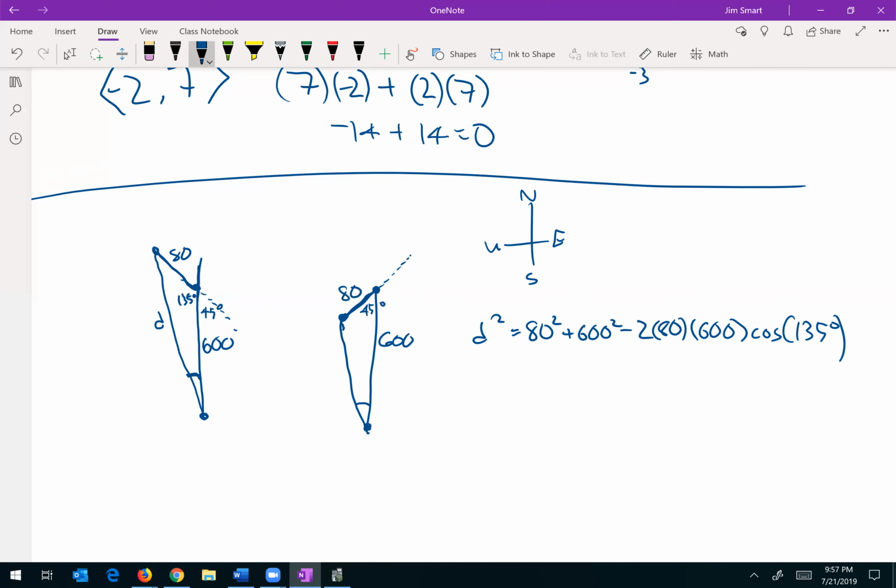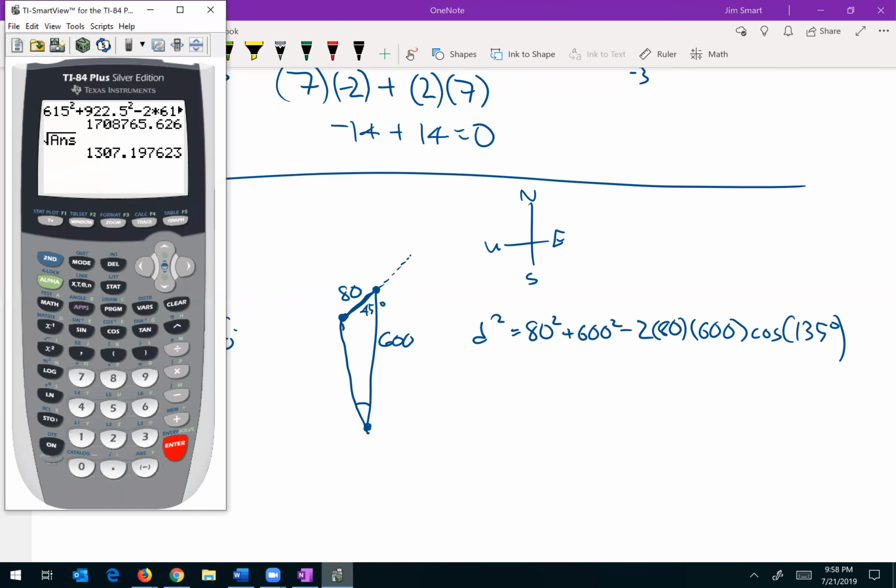I'm going to do it for mine, just so we can compare the answers. So I'll have 80 squared plus 600 squared minus 2 times 80 times 600 times cosine of 45, and then I'm going to take the square root of that.